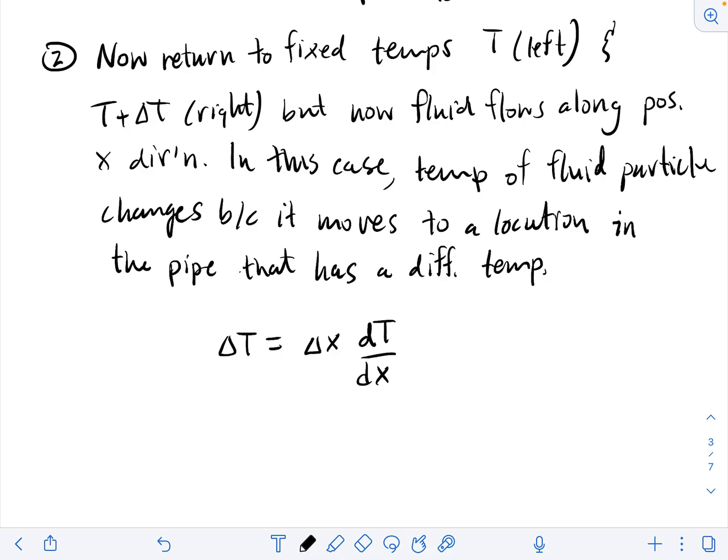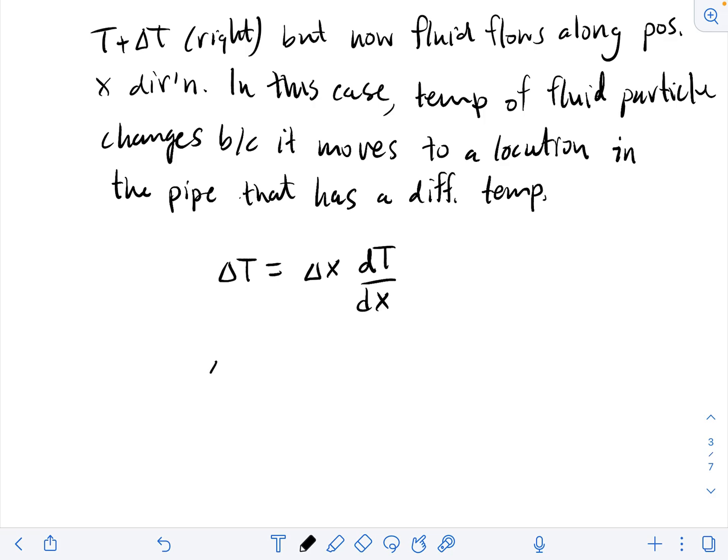So if we wanted to know the time rate of change of the temperature, we divide by delta t, and so we'd have delta x over delta t times dT/dx. But of course the change in position divided by the change in time is just the speed with which the particle moves along the x direction, and so we have v_x dT/dx.